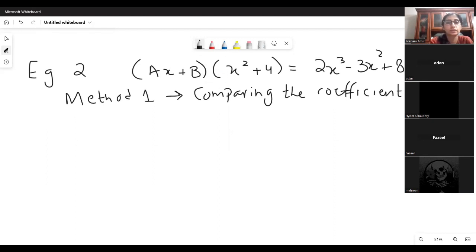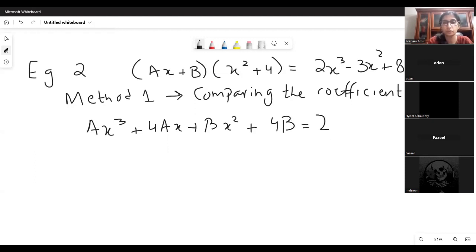So expand: ax cube plus 4ax plus bx square plus 4b equals 2x cube minus 3x square plus 8x minus 12. Let's start comparing the coefficients.